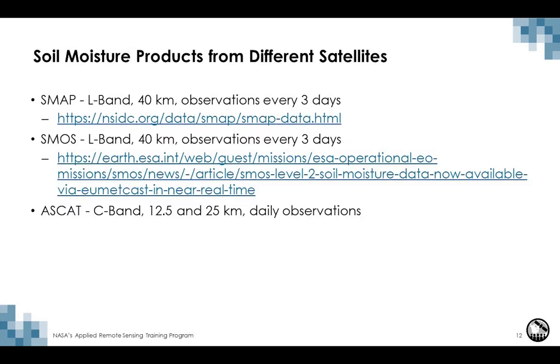So in addition to SMAP, there are other soil moisture satellite products, and one of them is SMOS, which is from the European Space Agency. It has very similar characteristics to SMAP. It's an L-band radiometer with 40 kilometer spatial resolution, a temporal resolution of 3 days, and a sensing depth of approximately 5 centimeters.